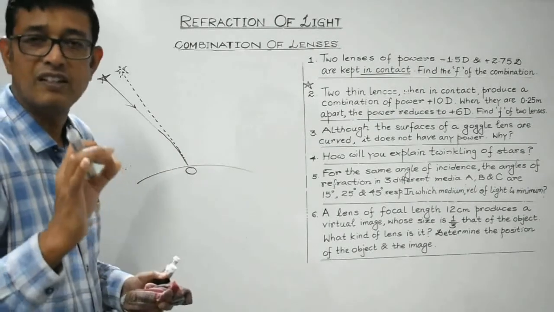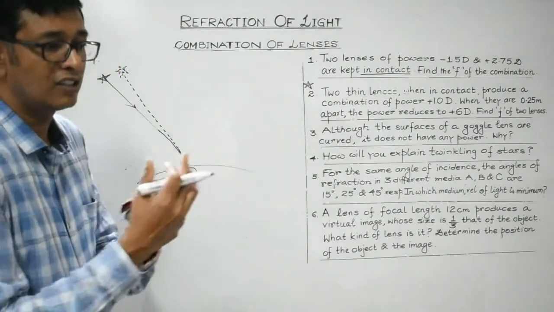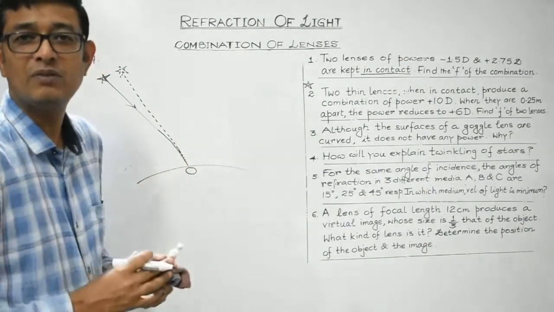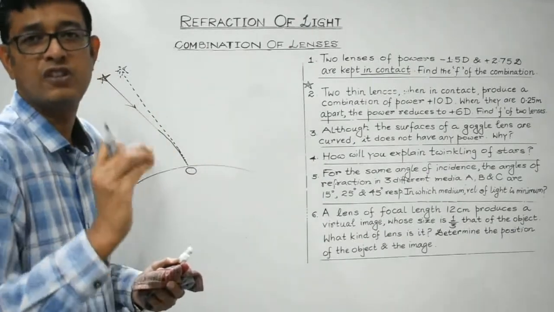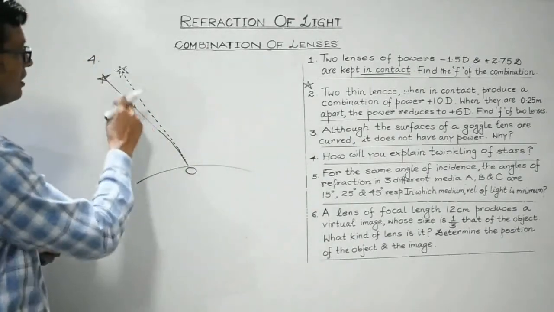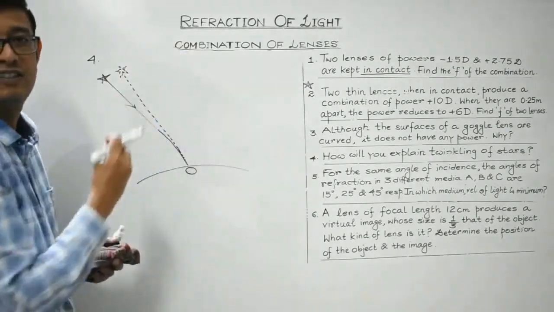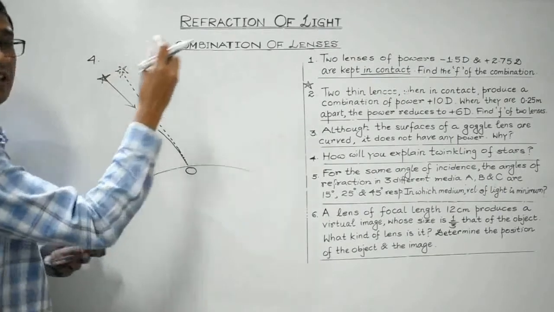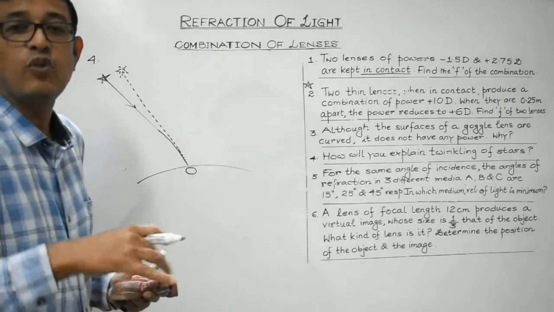So as a result, there is change in the refractive index of the medium, a slight change, but there does appear some change in the refractive index of the medium. So as a result, this apparent position will also keep on fluctuating. So when the position of the star keeps on fluctuating, it gives us the twinkling effect.